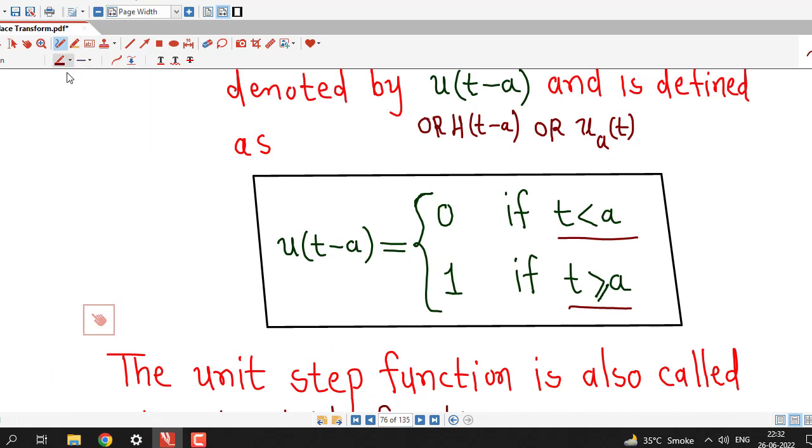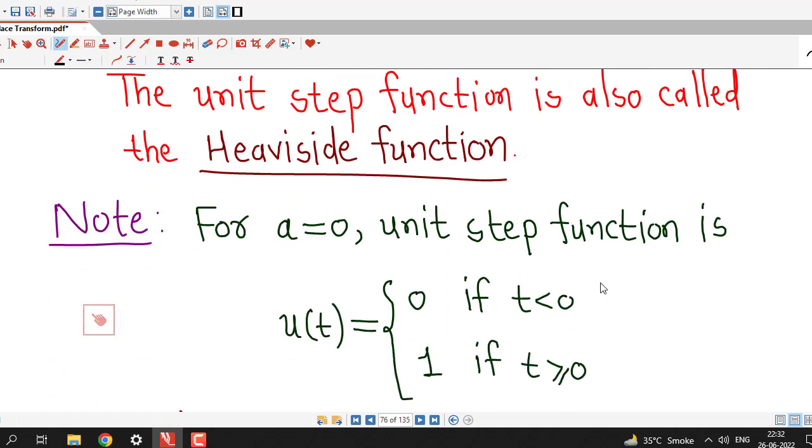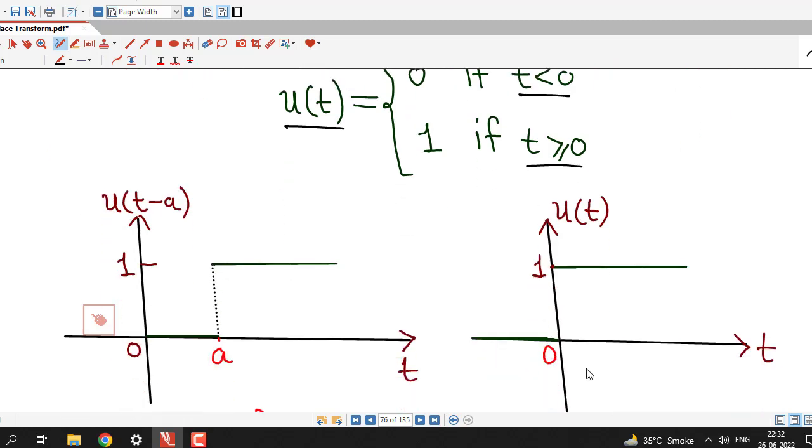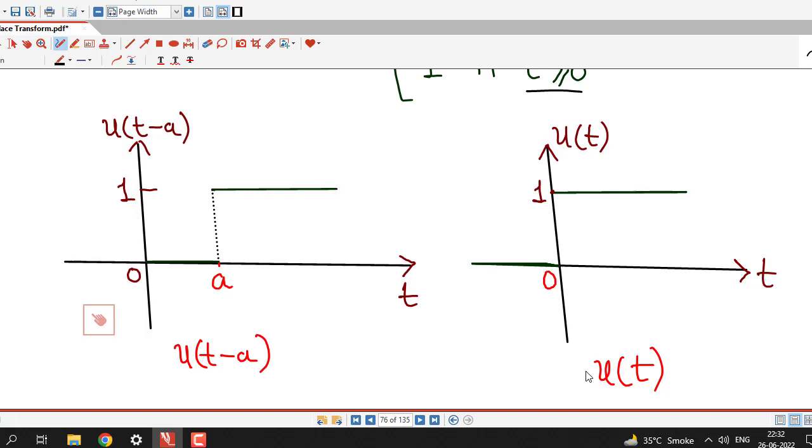Now this definition depends on this value of a. Suppose we consider a equal to 0, then our unit step function becomes u of t equal to 0 if t is less than 0, and 1 if t is greater than or equal to 0. And here these are the graphs of unit step function.